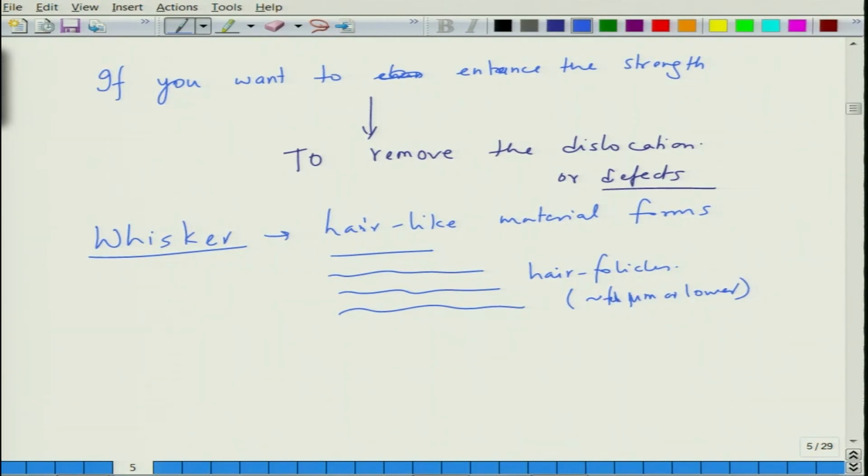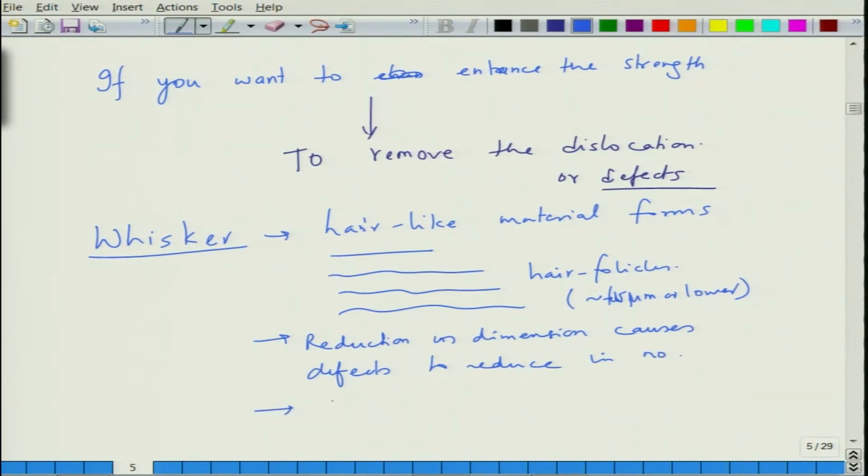So when you reduce the dimensions of a material to this small, the reduction in dimension causes defects to reduce in number. As a result, whiskers are nearly defect free. You can say it is basically a defect-free crystal.